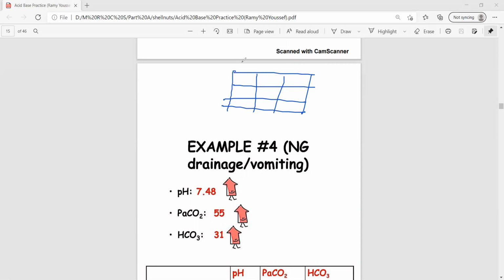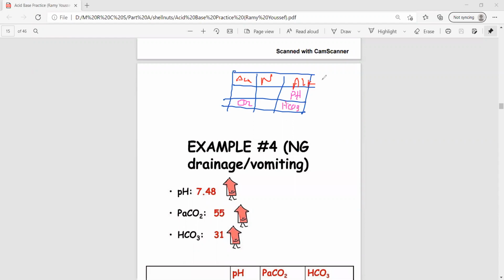We said here is acid, normal, alkali, and here the pH and the HCO3 are alkali. CO2 is alkali as well. HCO3 is alkalosis.